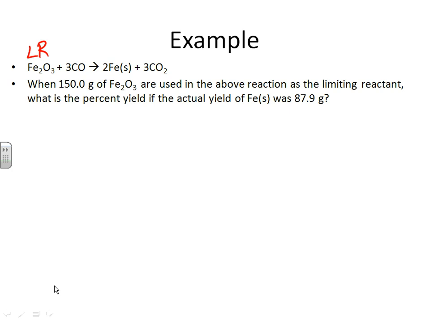If the problem did not tell us that the Fe2O3 was limiting, we would simply be doing two mass-mass problems. That's the only difference. We would do the mass-mass problem twice. We would basically take each of the masses for the two reactants and figure out which one is going to give us less product. That is the only distinction there, whether you're doing one mass-mass or two mass-mass, but it's still a mass-mass question.